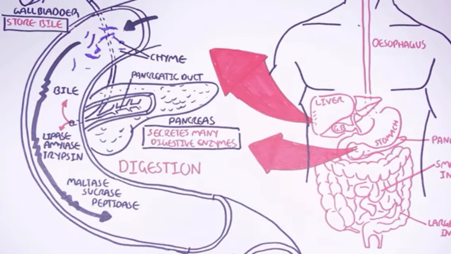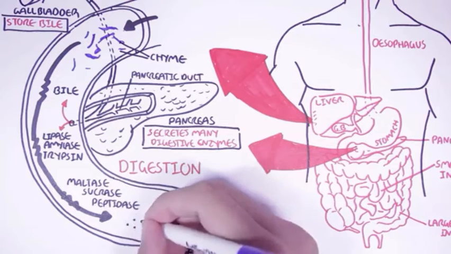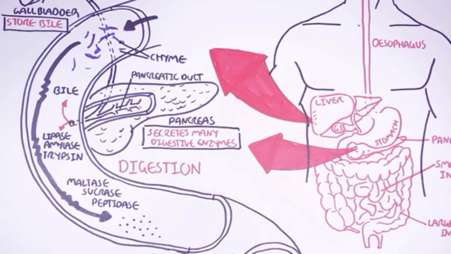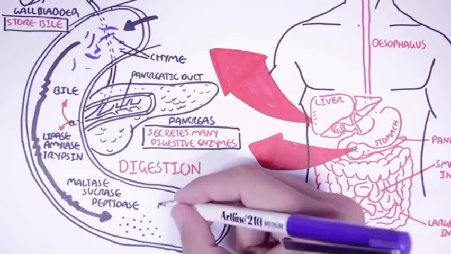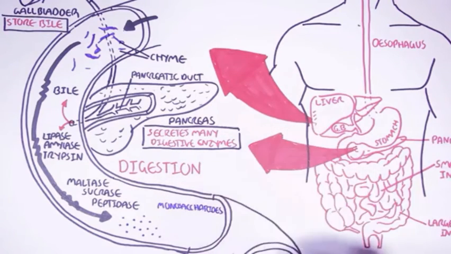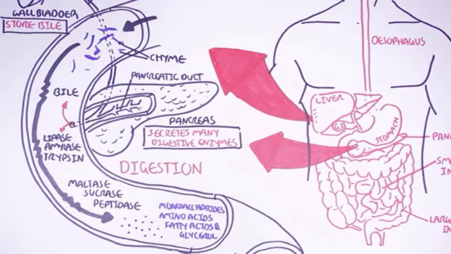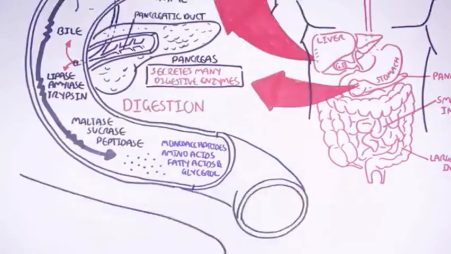The chyme will encounter all these enzymes and chemicals which will further digest it into smaller molecules. These smaller molecules are the monosaccharides, amino acids, fatty acids, and glycerol, which are the building blocks of carbohydrates, proteins, and fats. And it is only in this form that the body can absorb them.